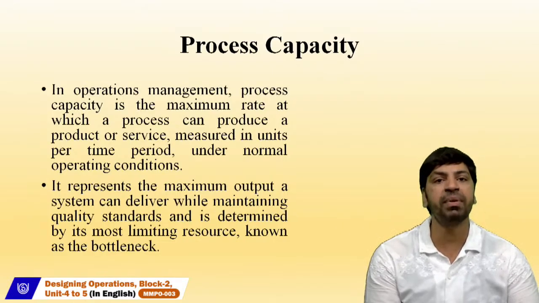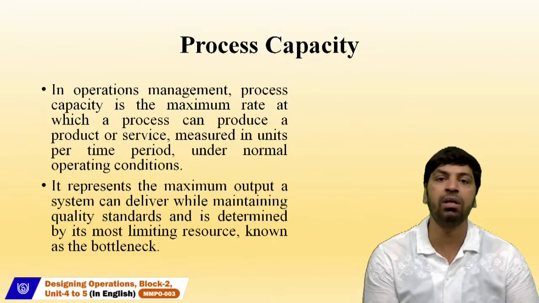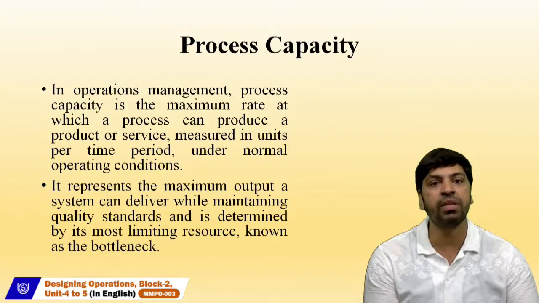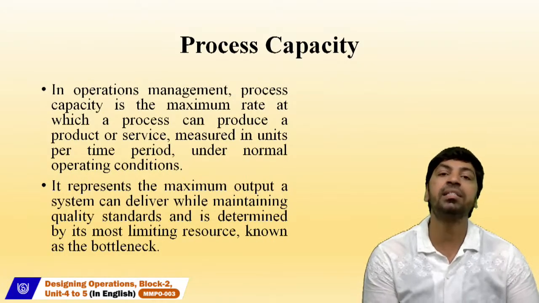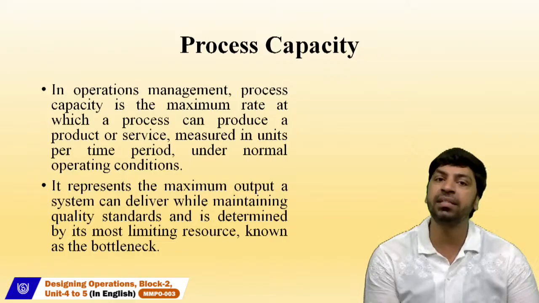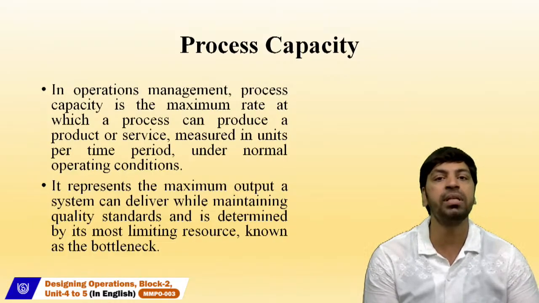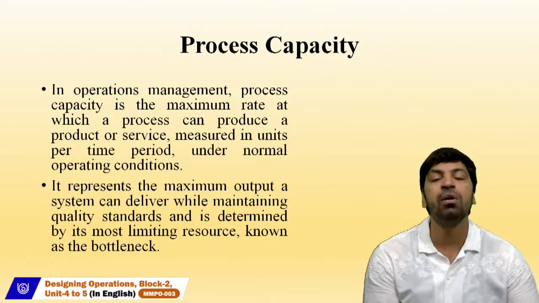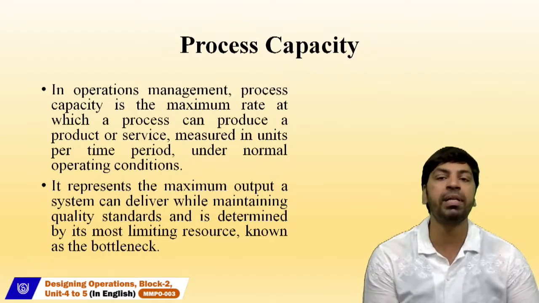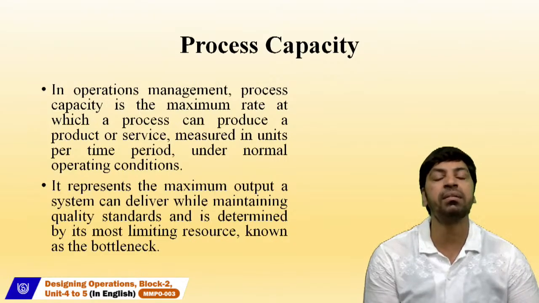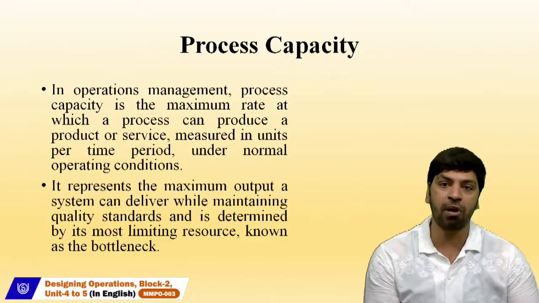It also represents the maximum output a system can deliver while maintaining its quality standards, and it is determined by its most limiting resource, which is known as the bottleneck. A bottleneck is any point in the process which is limited by resources or slows down the working process.